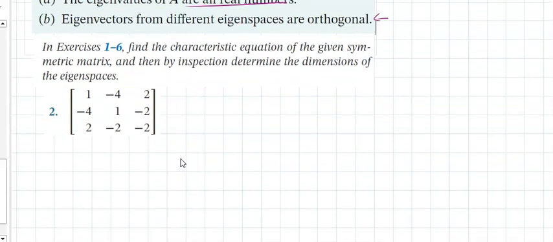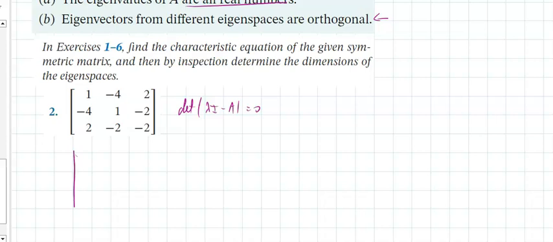Let's start with number 2. It says, find the characteristic equation of the given symmetric matrices, and then by inspection determine the dimensions of the eigenspaces. Okay, well, let's see how this works. So to find the characteristic equation, I'm going to take the determinant of lambda I minus A and set it equal to 0.